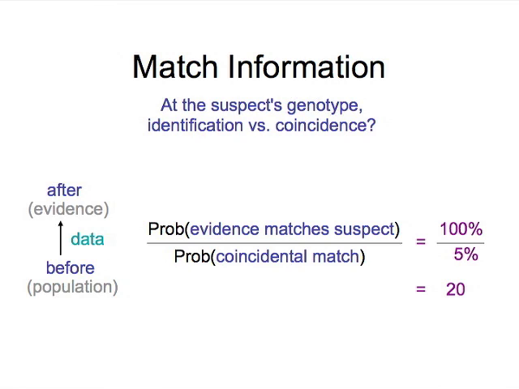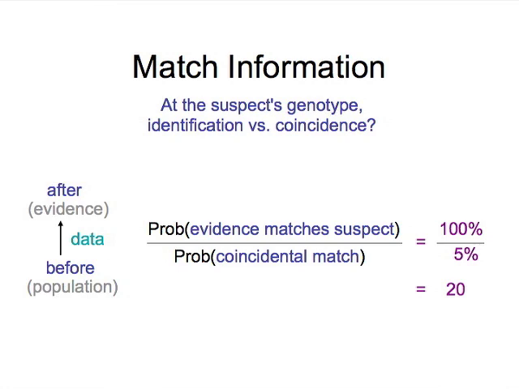Before we ever look at the data, the chance that a person has that 10-12 genotype at a locus is, say, 5%. That's in the denominator on the right. That's the probability of a coincidental match. After you look at the data and you see that the evidence has only a 10-12 there, and there's a match between the evidence and the suspect, there's a 100% chance of a match.